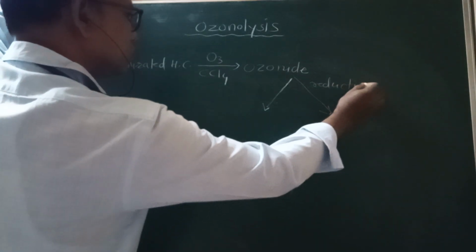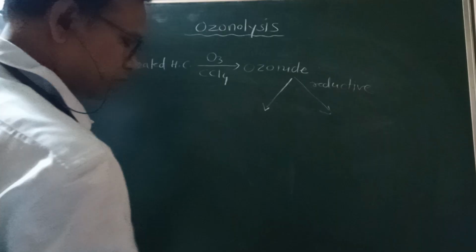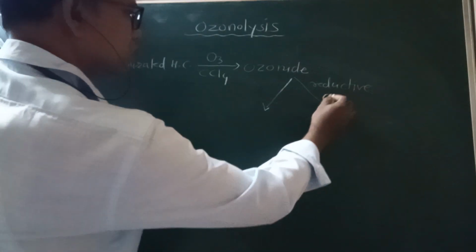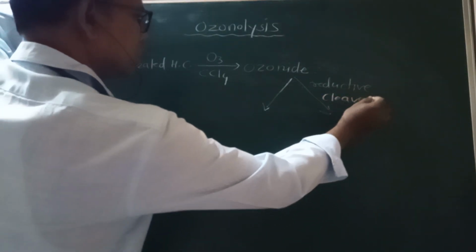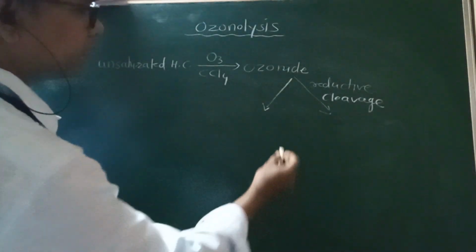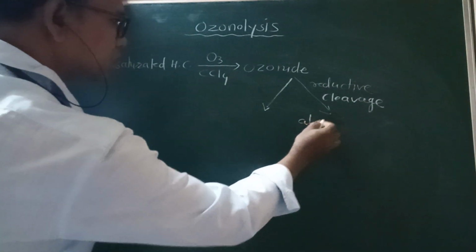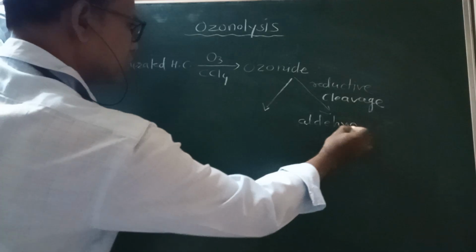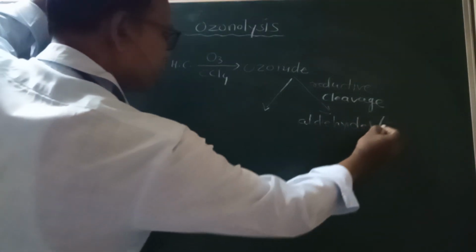Reductive cleavage of the ozonide leads to aldehydes or ketones.